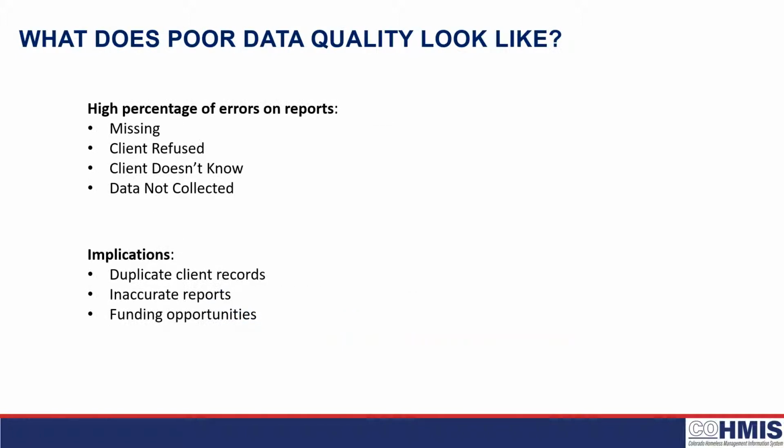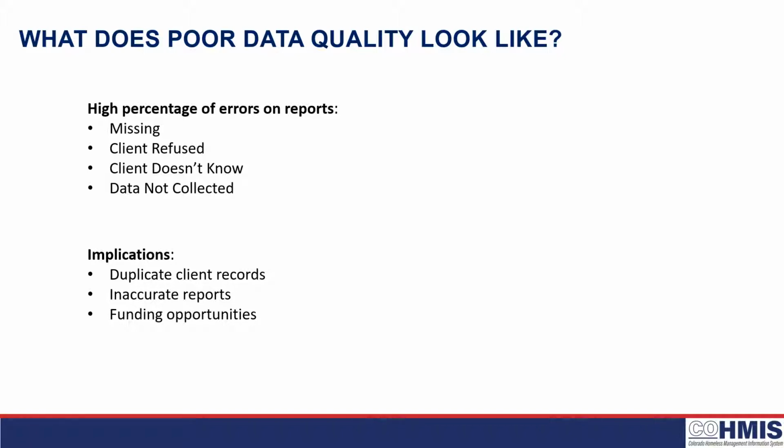So what does poor data quality look like? Well, it's pretty straightforward. If you have a high percentage of missing information or client refusals or client doesn't know or data not collected responses on your reports associated with your projects, that's poor data quality. And the implication of that is we can create a high number of duplicate client records, which will result in inaccurate reports about the state of homelessness in our community here in Colorado.